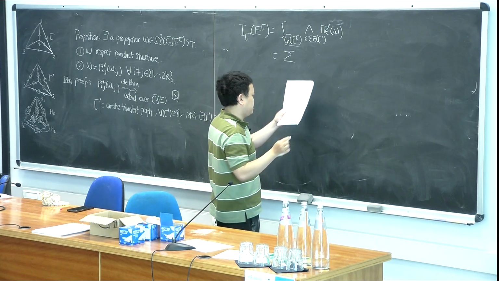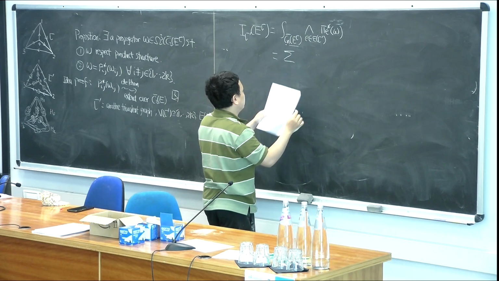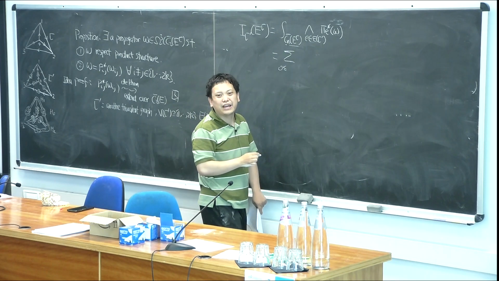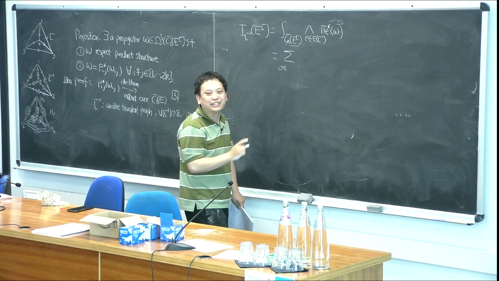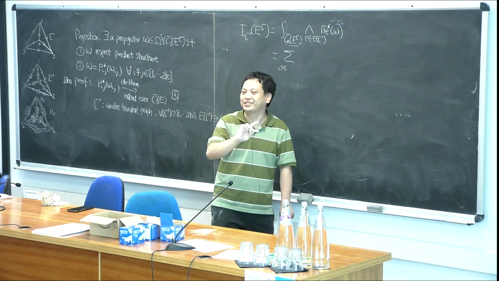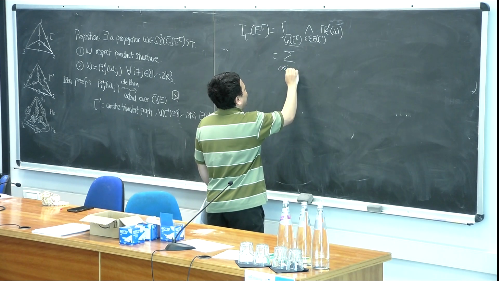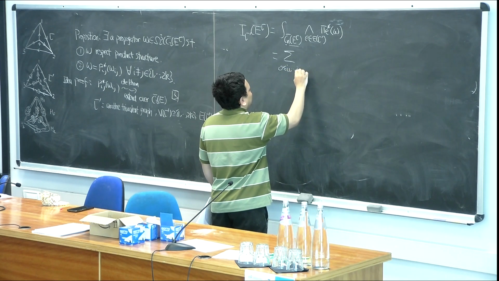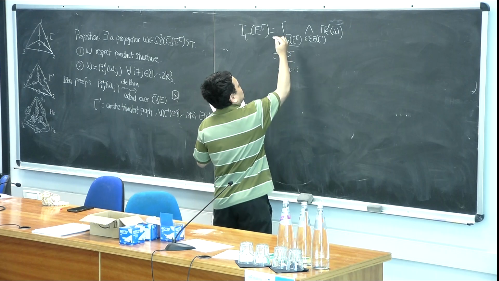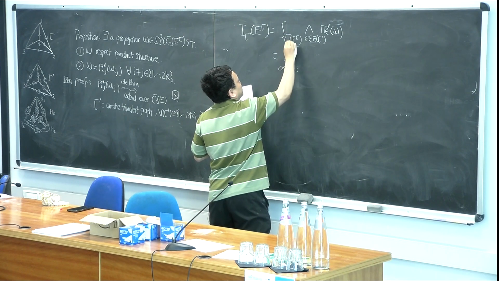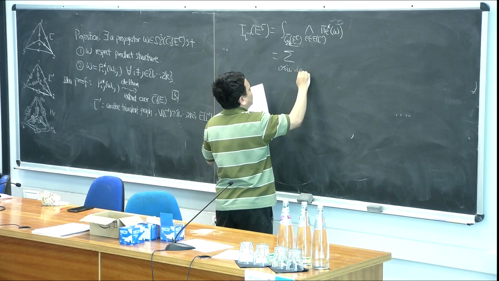So really, this configuration space bundle can be decomposed into 2k plus 1 to the power of n pieces. It has n components, and each component belongs to one of the 2k plus 1 pieces. So you can decompose it into I1 through I2k, where n equals 2k.